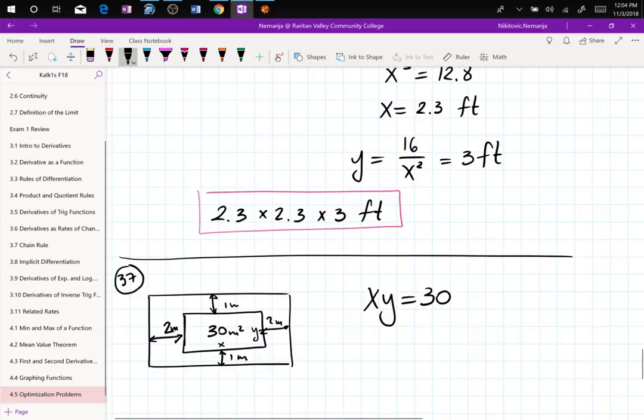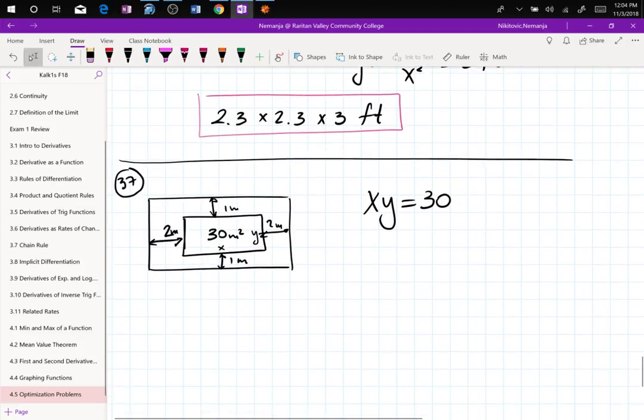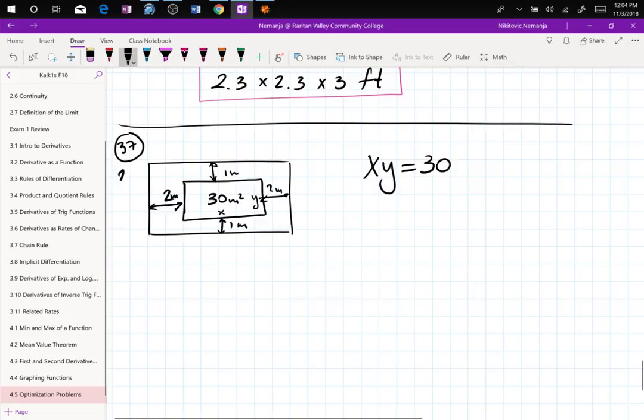On version 2, okay. So we have, I'll put both designations. So we have immediately the constraint inside because the flower garden inside is x times y equals 30. That's given to us.